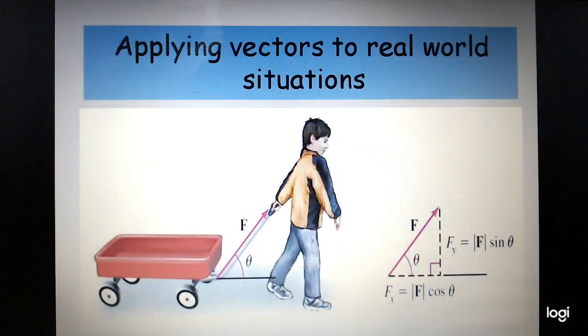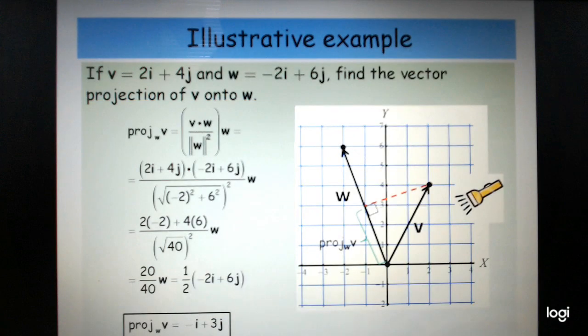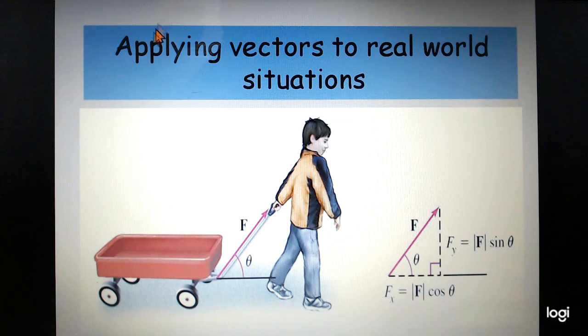Okay, so let's go and talk a little bit about vectors in real world situations. You've got a force vector V, which is the force that a child is using to pull his wagon. Now, notice that that vector has a horizontal component, right?